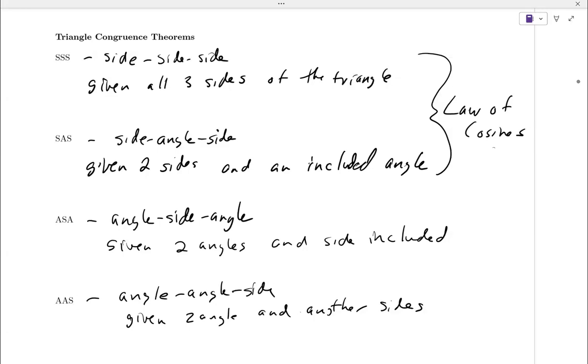Another, yeah, that's an O. That's a goofy looking O. It's the pen just didn't grab the rest of it. Sorry. So the last two are our law of sines that we want to use. And in those cases, assuming the problem is set up correctly, we always get exactly one triangle.